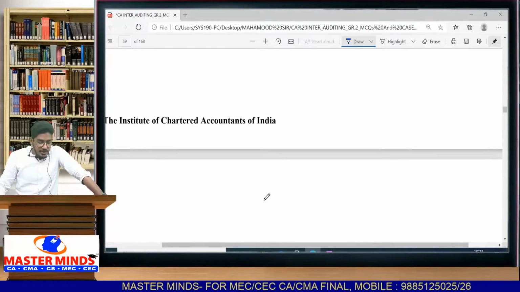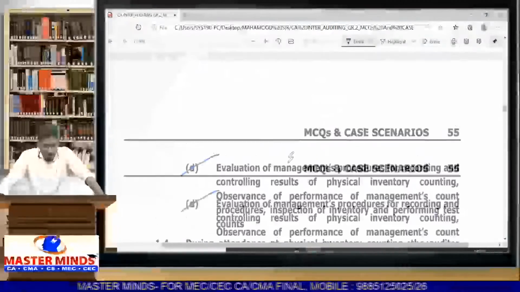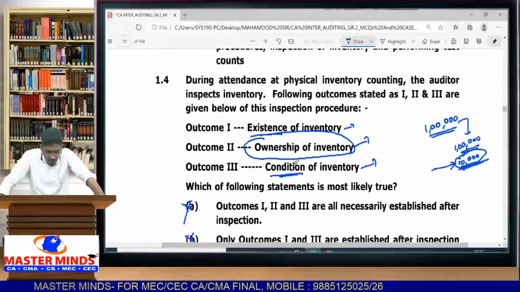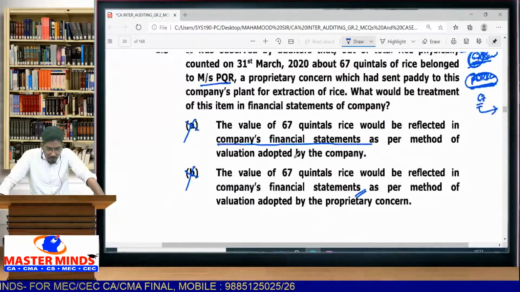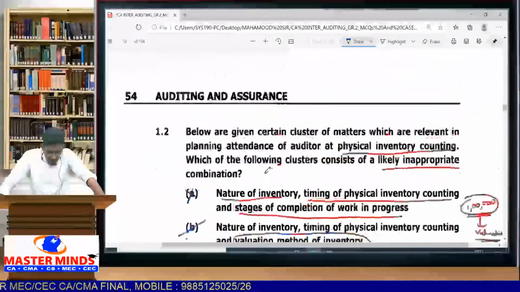So in the first MCQ we have completed all 5 answers. What are the answers that we have recorded? Let us cross check with the answers given by the institute. 1.1 they are telling the answer is D. What have we answered?